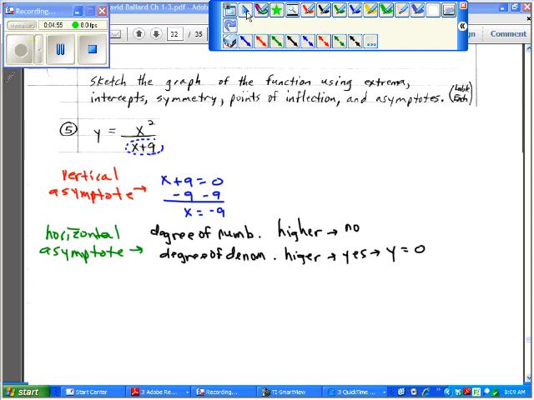I'll spell higher correctly this time around. If the degree of the numerator is 1 higher, then what does that mean? Slant asymptote. Now, it's still higher, which means that there's no horizontal asymptote. But if it's 1 higher, there's a slant asymptote. And how do you get the slant asymptote?